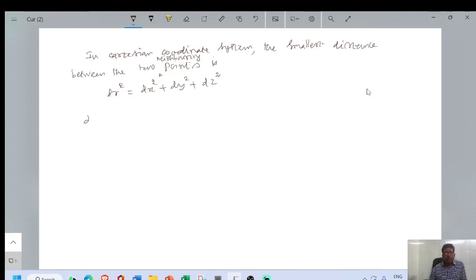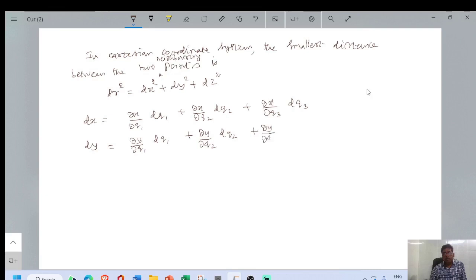For that we have to write dx equal to ∂x/∂q1 dq1 plus ∂x/∂q2 dq2 plus ∂x/∂q3 dq3. In the same manner, dy equal to ∂y/∂q1 dq1 plus ∂y/∂q2 dq2 plus ∂y/∂q3 dq3.